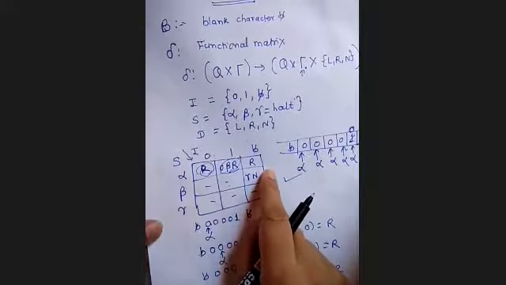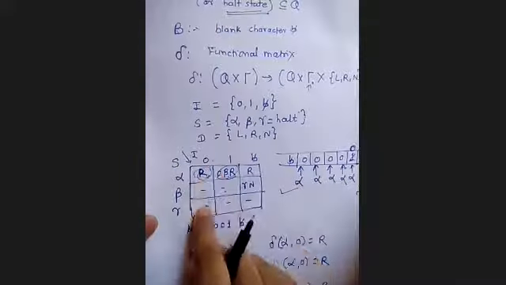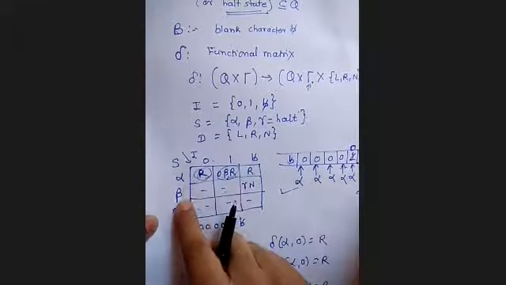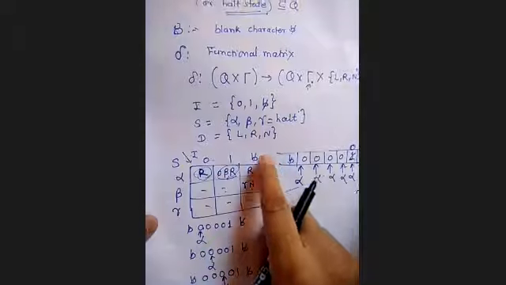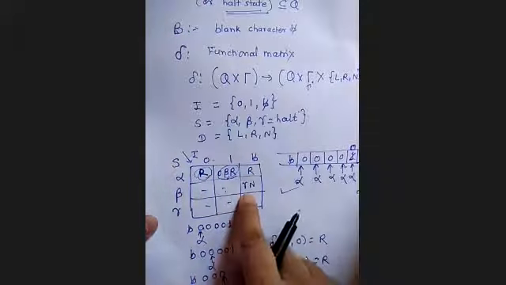And now from beta on 0, there is no edge because this is a blank entry. Beta on 1, there is no edge. Beta on blank, can you tell me how to draw this edge? The state is changed to gamma. So I will draw the edge.